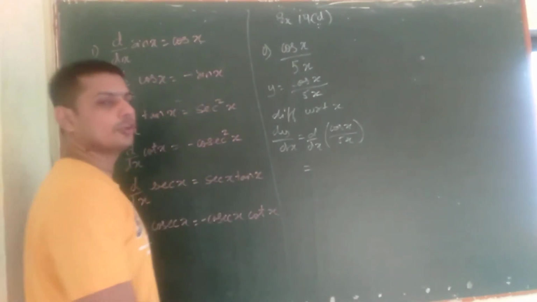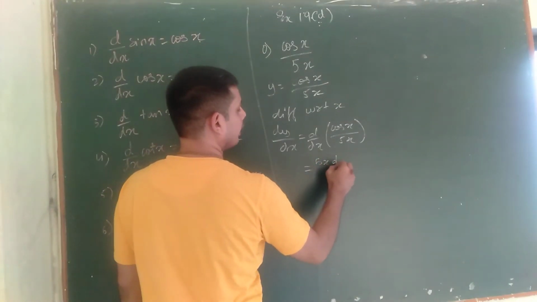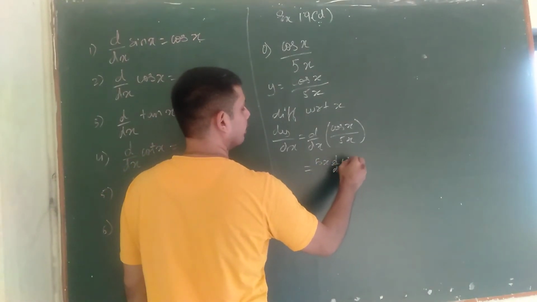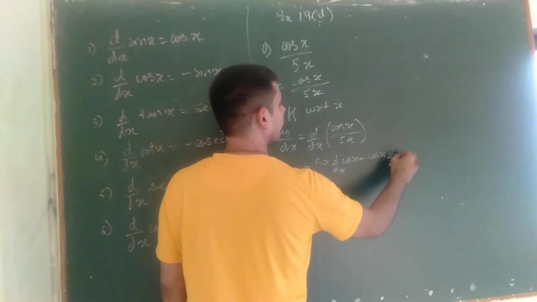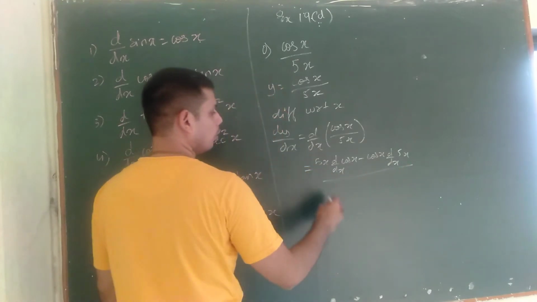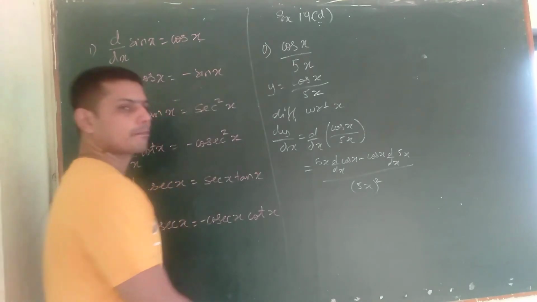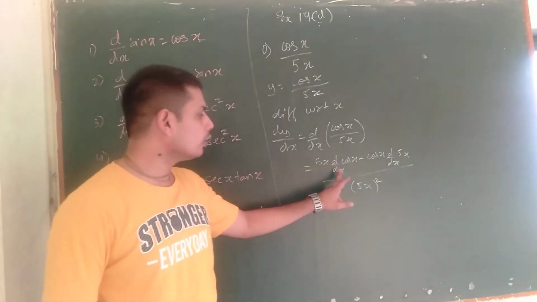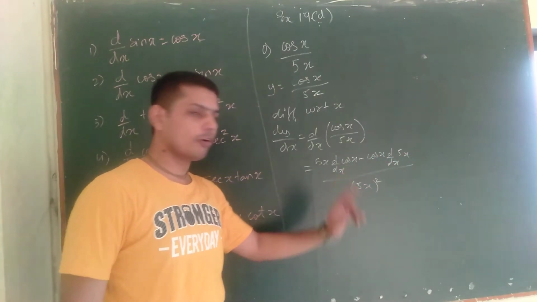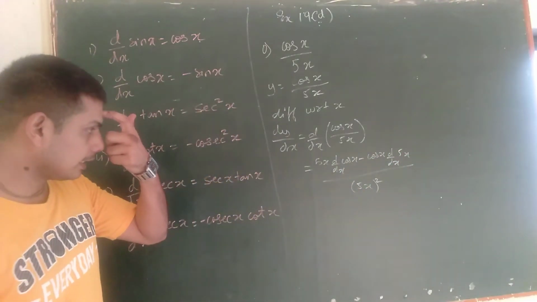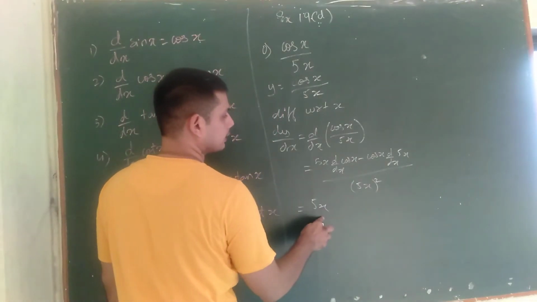So now applying the u by v rule, it is the denominator into the derivative of the numerator minus the numerator into the derivative of the denominator, whole upon the square of the denominator. This is the u by v rule: v into the derivative of u minus u into the derivative of v upon v square. Okay? So now let us derive it. So you get 5x here as it is.